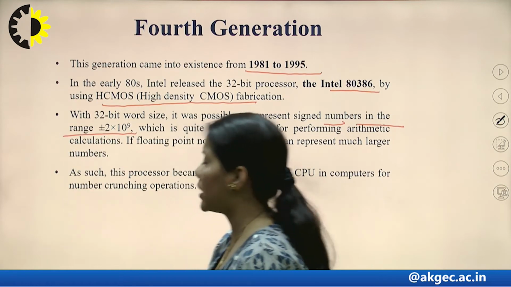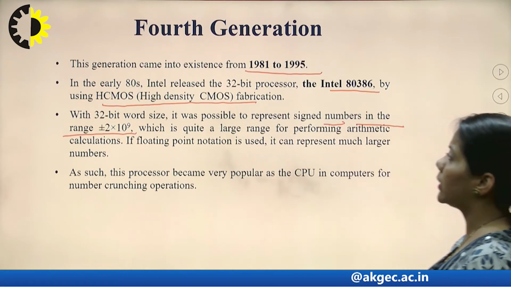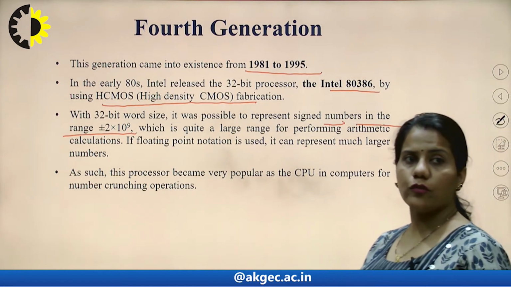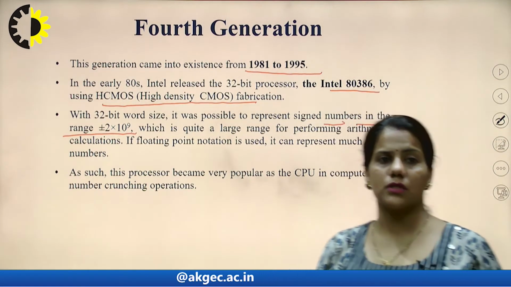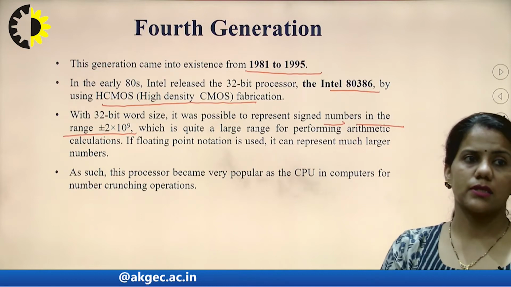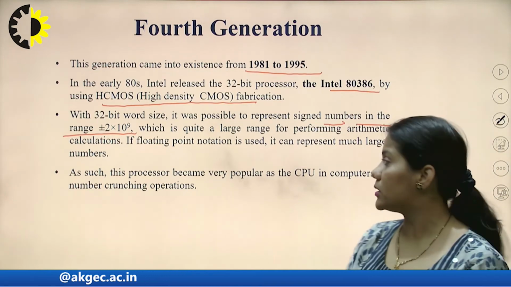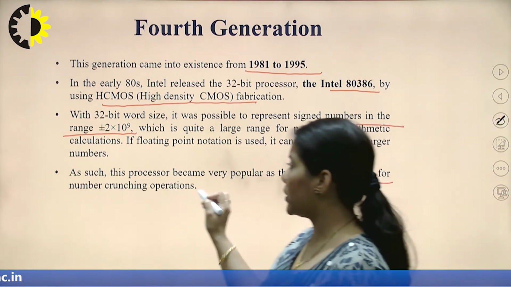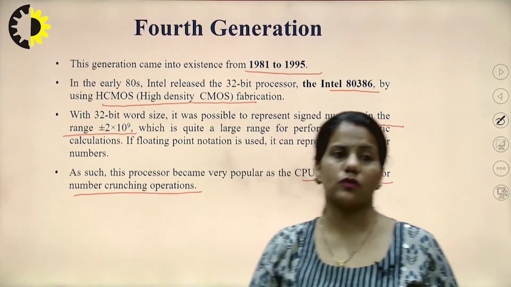That's a very good range, which is quite a large range for performing arithmetic calculations. If floating point notation is used, it can represent much larger numbers. As such, this processor became very popular as the CPU in computers for number crunching operations, that is, for complicated operations.